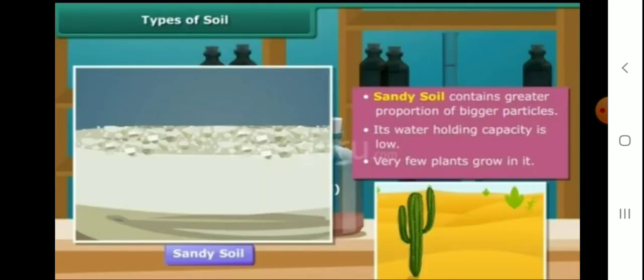Sandy soil. Now, sandy soil contains a greater proportion of bigger particles. That means the rock particles present in sandy soil are of a bigger proportion and are a little bit bigger in size. Its water holding capacity is low.